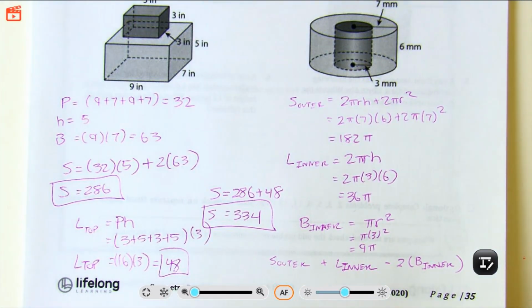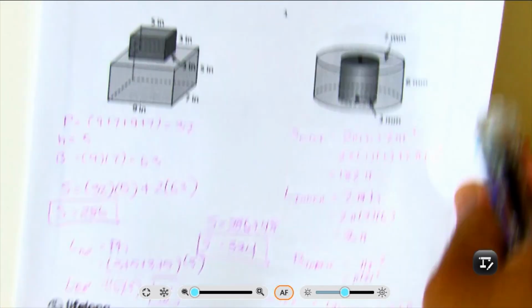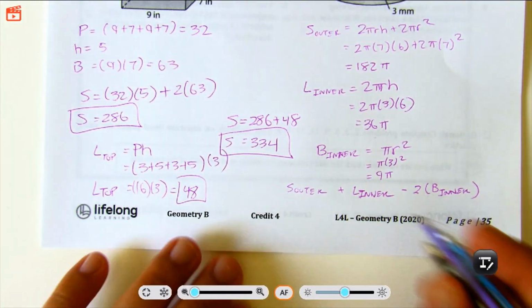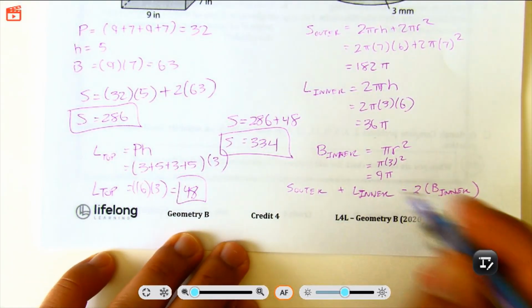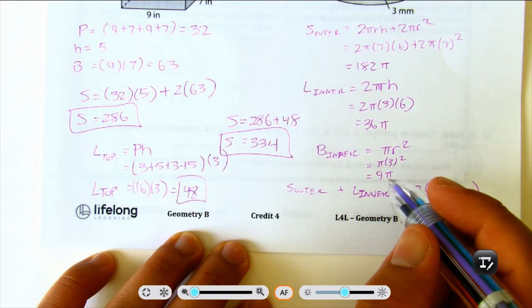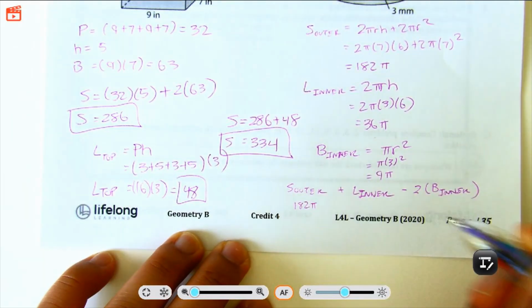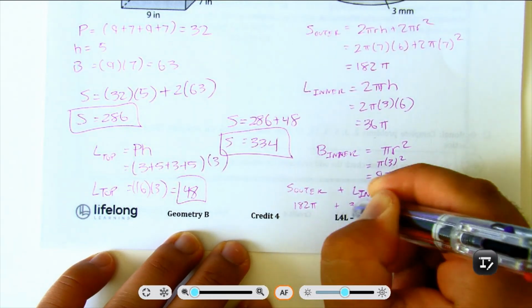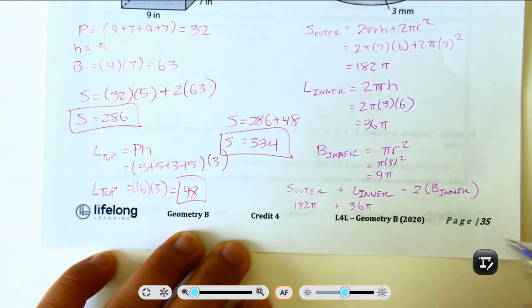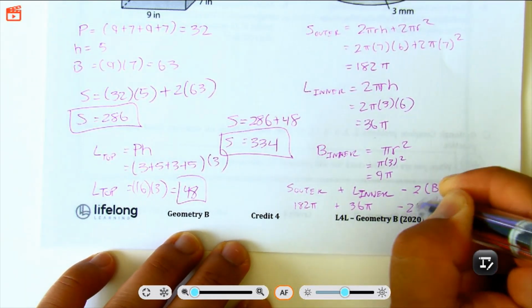So let me move this a little bit higher, and then I'm just going to write here. I'm going to have 182 pi plus 36 pi minus 2 times 9 pi.